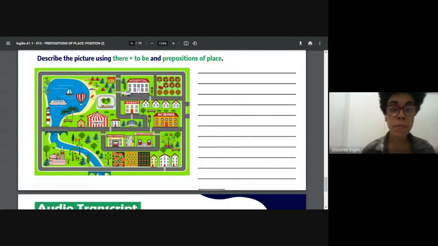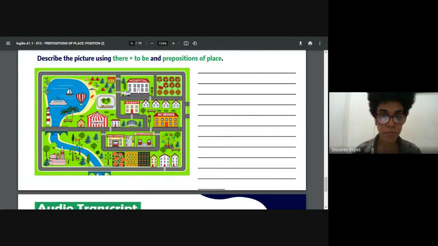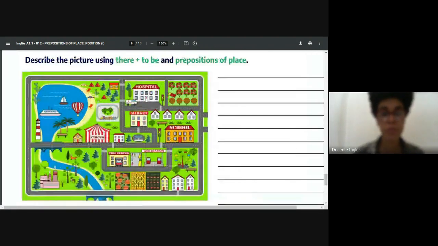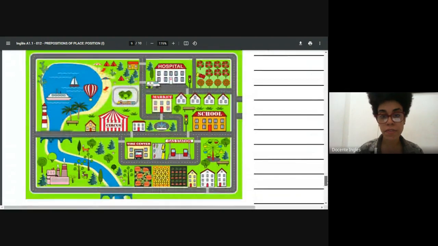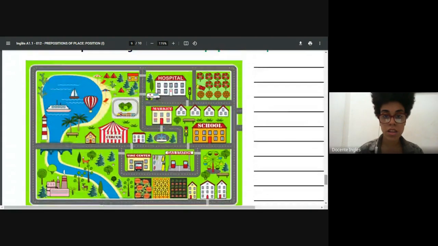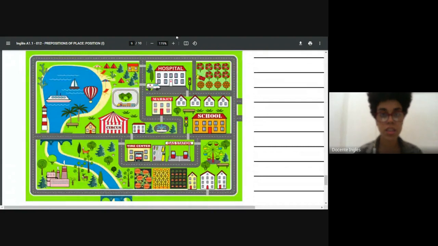And the prepositions of place. So pause the video. I will enhance the picture one more time so you can see it very, very big. Okay. So you can pause now and go do the activity, all right? And I will come back. When you come back, I will have some possibilities for you to work on.